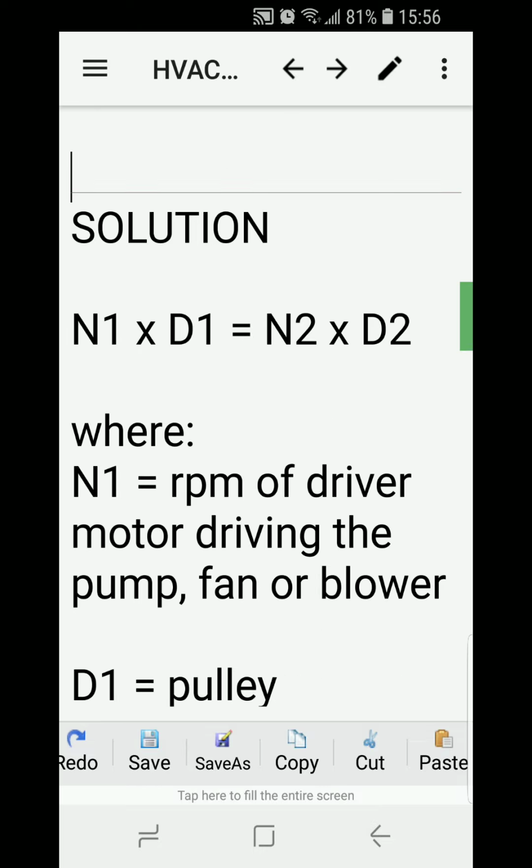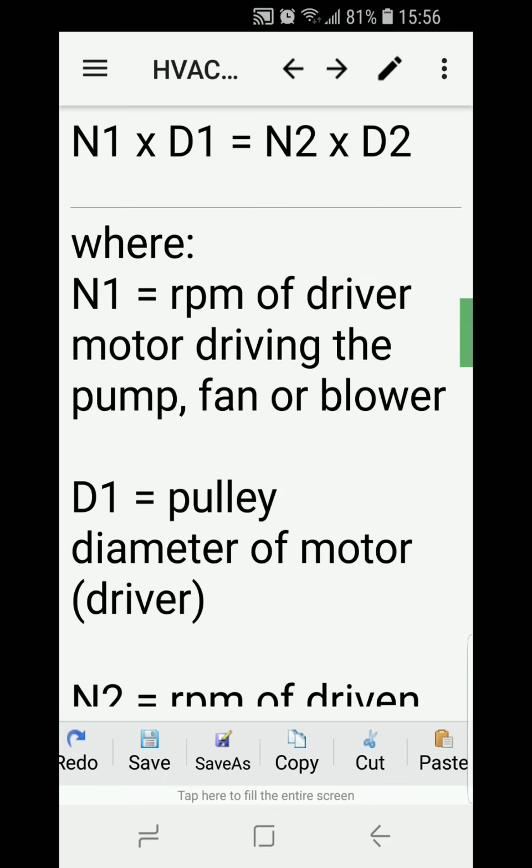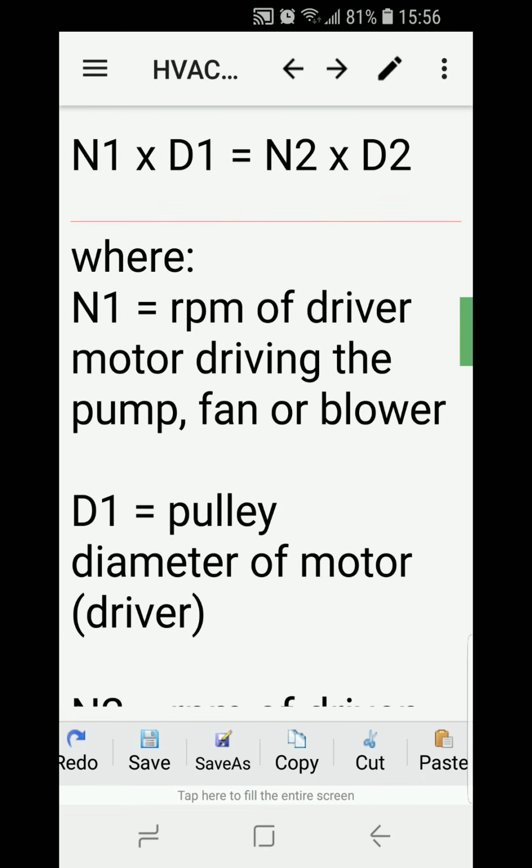So for the solution, this is our working formula. N1 times D1 is equal to N2 times D2, where N1 is the RPM of the driver motor driving the pump, fan, or blower. D1 is the pulley diameter of the motor or the driver.